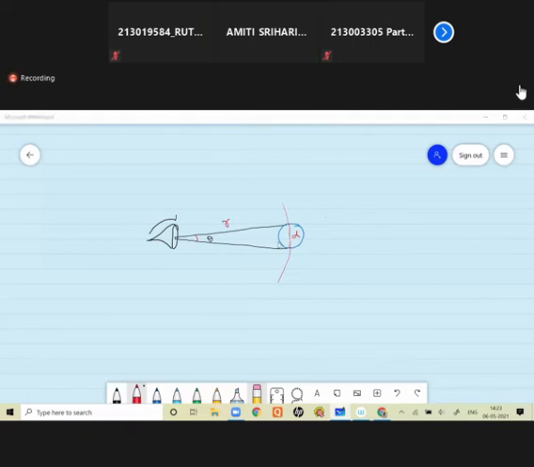This is D. Now D is equal to what? Arc is equal to radius into angle. Now the angle theta is equal to 31 minutes.